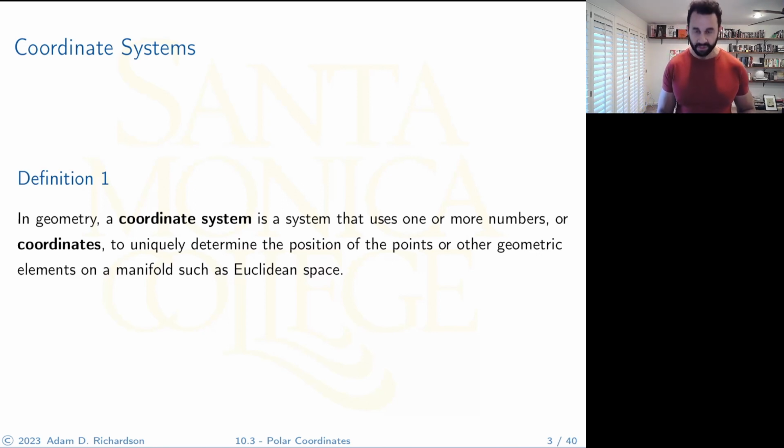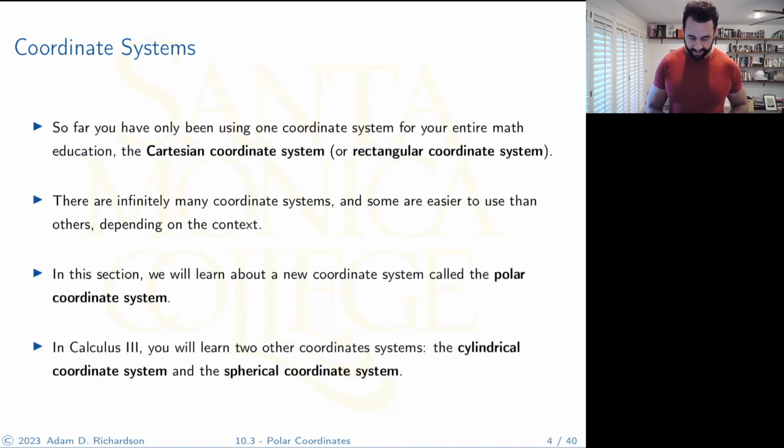This is just a more general concept of a coordinate system because you can generalize a lot of what we're learning. But for our purposes, you can basically think about it as a pair of numbers that tell you exactly where a point is on the plane. That's the basic idea. So that's a coordinate system.